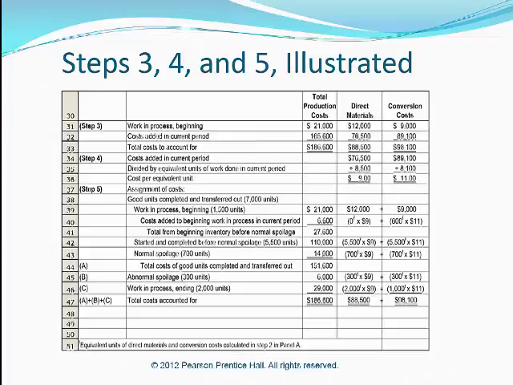Adding our numbers up, we've got 151,600 including normal spoilage for our total cost of good units completed and transferred out, plus the 6,000 for the abnormal spoilage units, plus 29,000 left in work in process ending, giving us a total cost accounted for of 186,600, which of course matches our number up here.